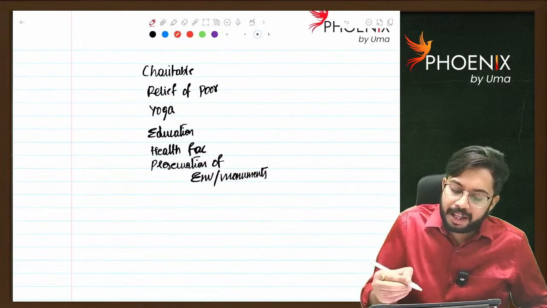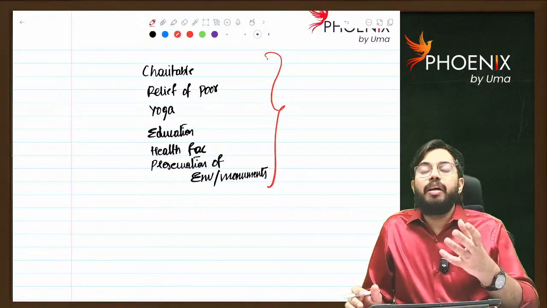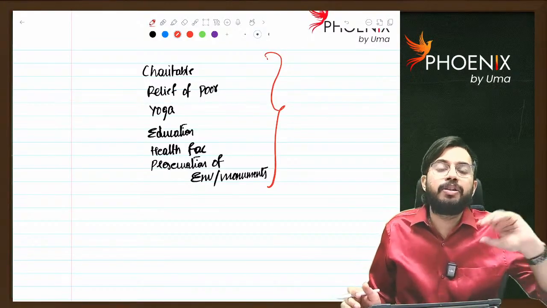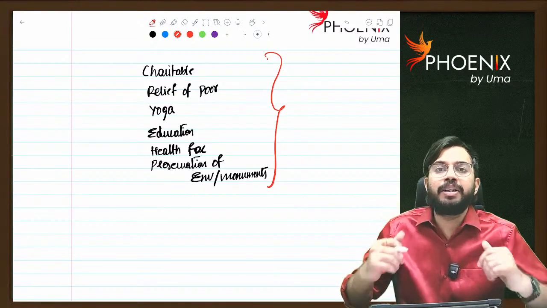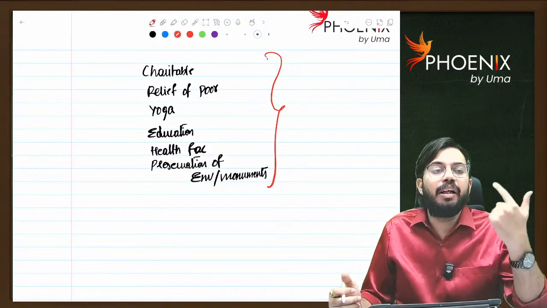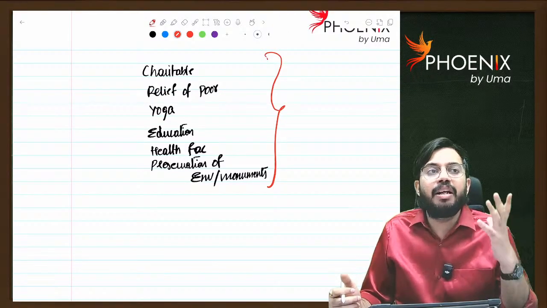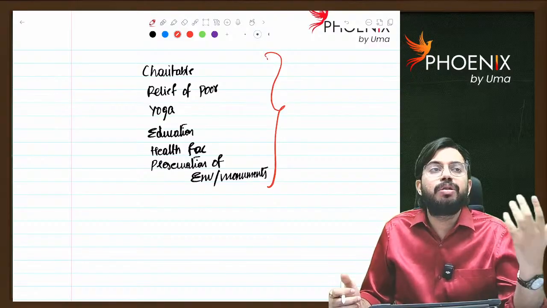For all these purposes, like a trust formed for the purpose of education, I created Umasankar Educational Institutions and I created one trust. In the trust, I am running a school. Through the school, I am getting income.